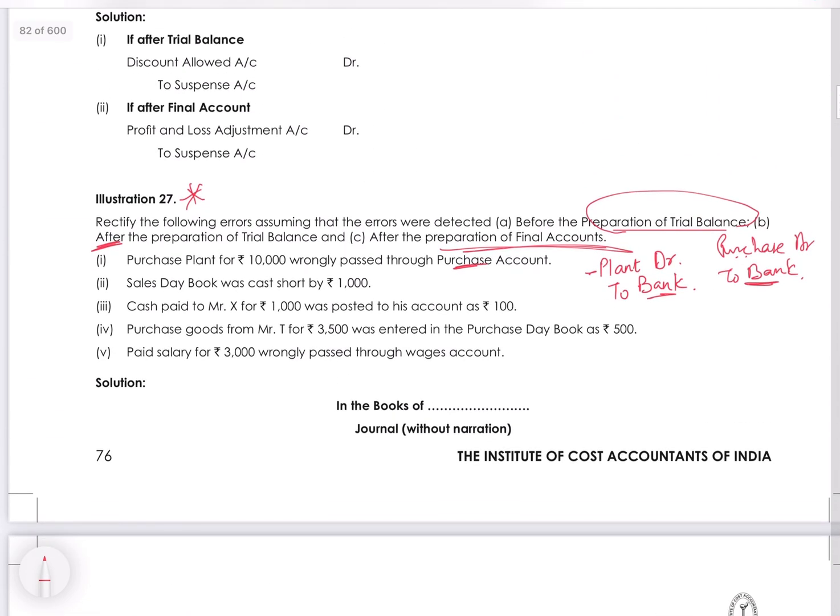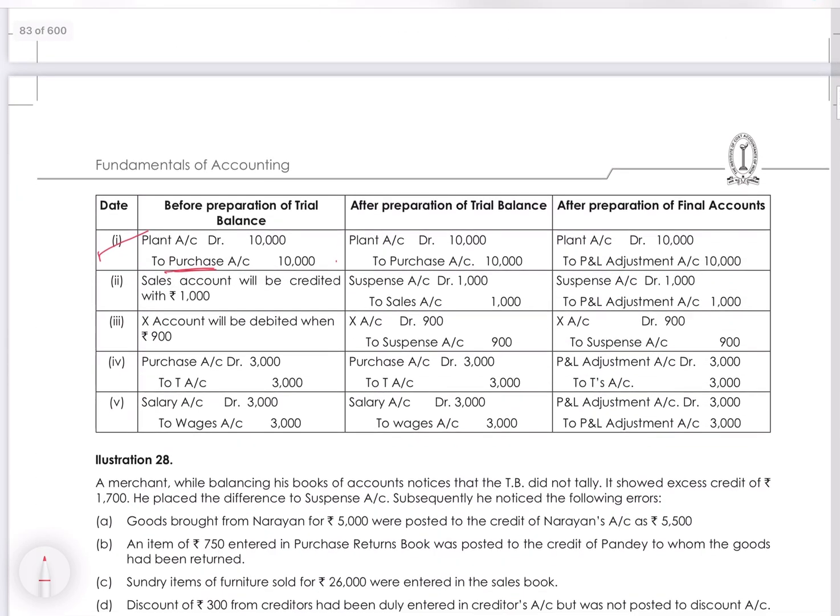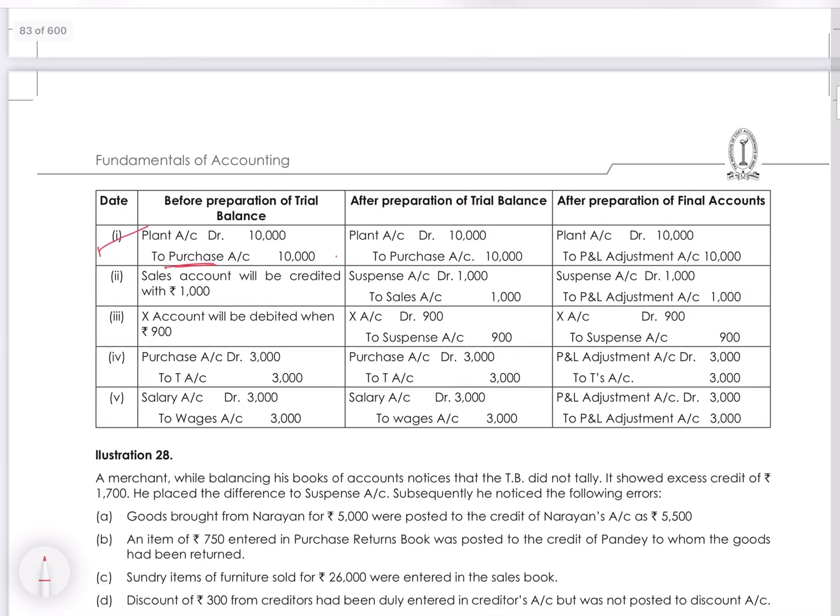After preparation of trial balance, ledgers are still open there. We have not totally transferred all the ledger balances to the financial statements. They are still lying. We just run one trial balance to see what it is. So again, it will be the same. Plant account to purchase account 10,000.